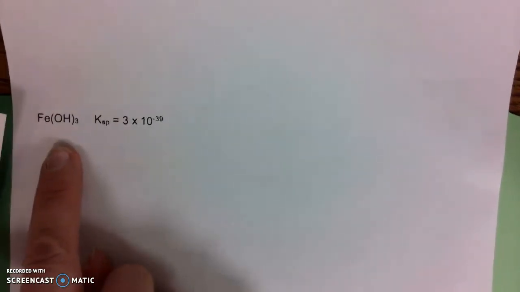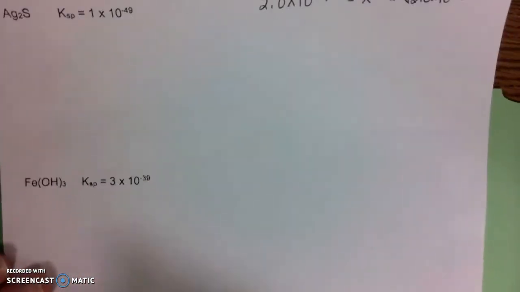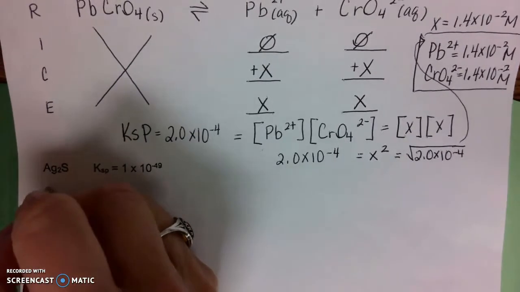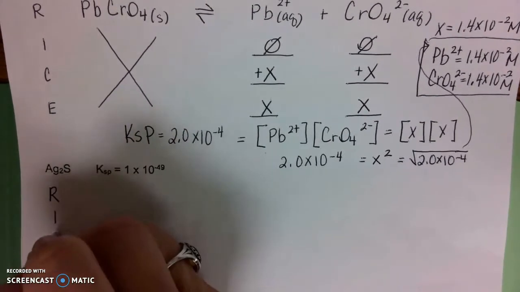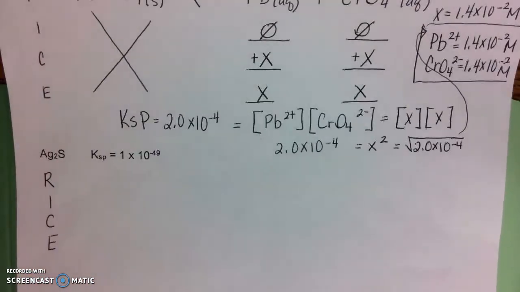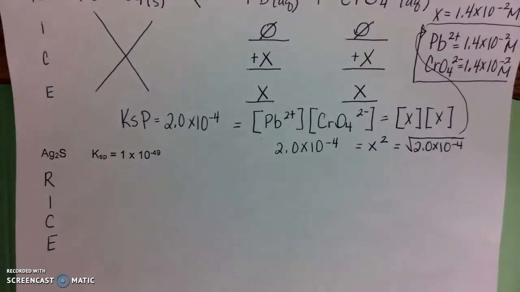So we have iron hydroxide. And the first thing we need to do is write out its equation. So instead of iron hydroxide, let's just do silver sulfide, since it's the next one. I'm going to set up my R.I.C.E table, condense it a little bit more just so I have more room. And I'm going to write out the equation itself.